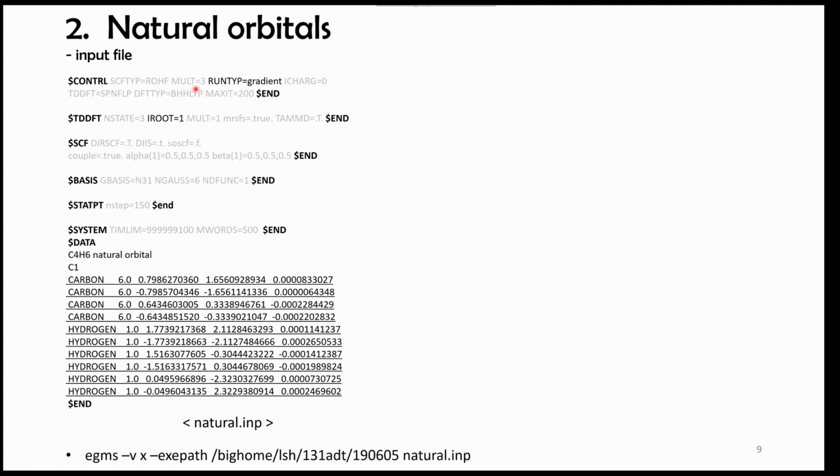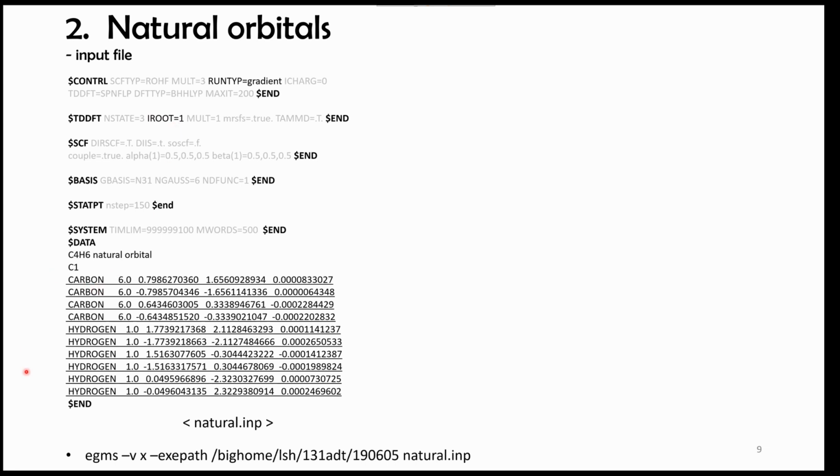All you have to do is change the run type to gradient calculations, and choose the target state to the state you want to see. If it's ground, it should be 1. If it's the first excited state, it must be 2, and so on.